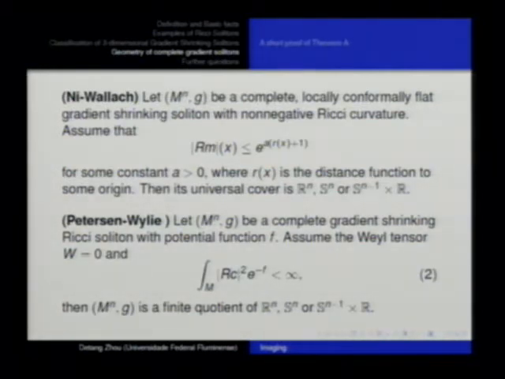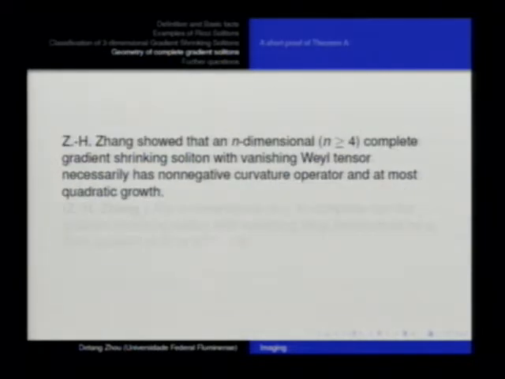As I mentioned, if the Weyl tensor is 0, what is the curvature? Zhu Hong Zhang showed that for the high-dimensional case, a compact gradient shrinking soliton with vanishing Weyl tensor necessarily has non-negative curvature operator.